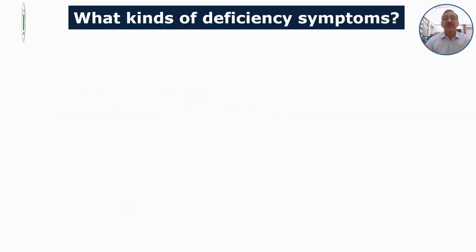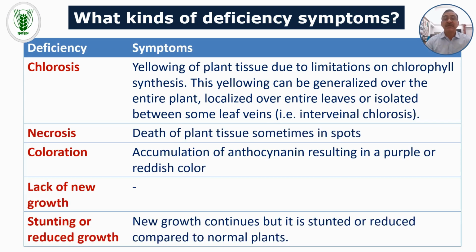So when these nutrients become deficient, they show different symptoms in the plants: it can be chlorosis, it can be necrosis, there can be coloration, a lack of new growth, or stunting of the plants.